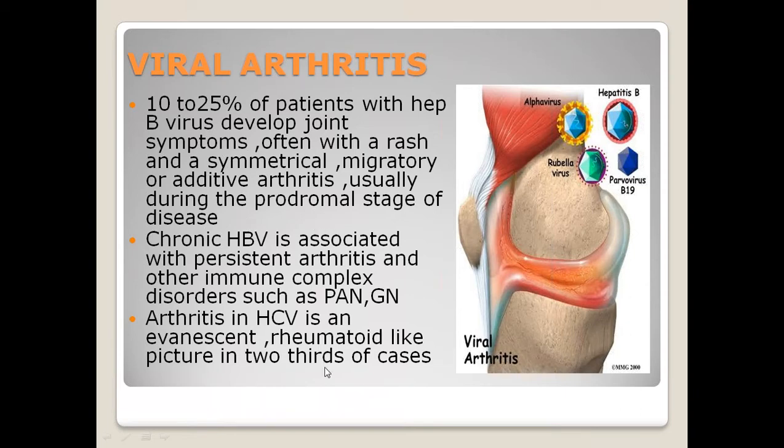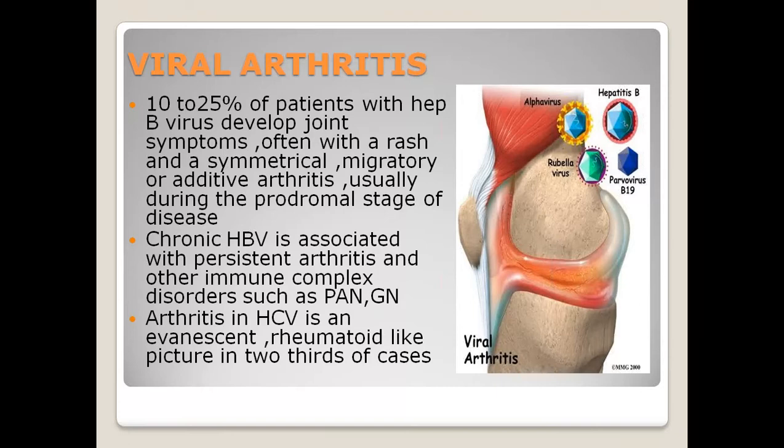Chronic hepatitis B virus is associated with persistent arthritis and other immune complex disorders like glomerulonephritis. Whereas arthritis in HCV, hepatitis C virus, has a rheumatoid-like picture in two-thirds of the cases.